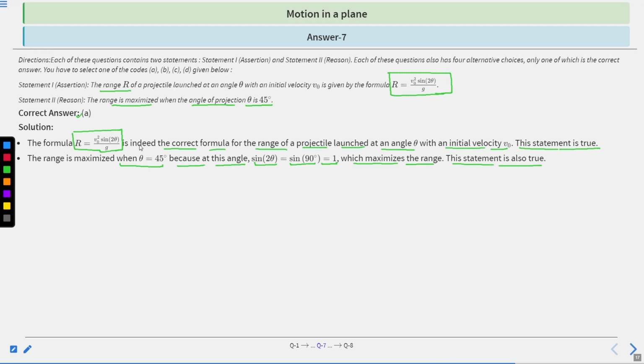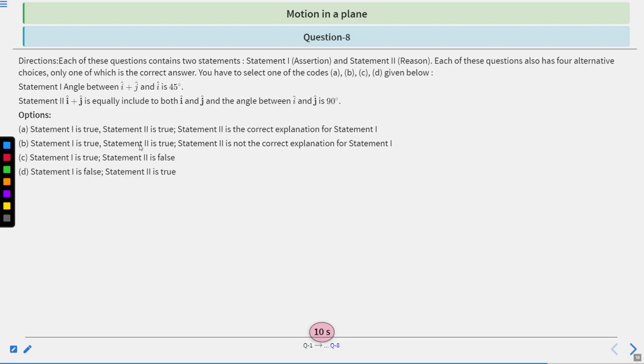Next question. Eighth question, same pattern. Statement 1: the angle between i plus j and i is 45 degrees. Statement 2: i plus j is equally inclined to both i and j, and the angle between i and j is 90 degrees. So which option is correct?